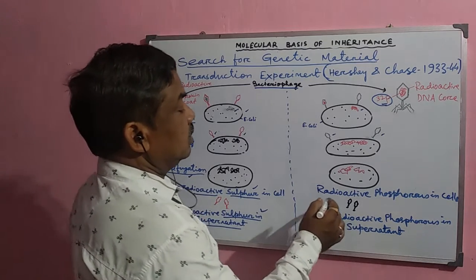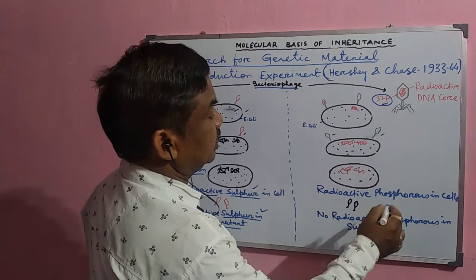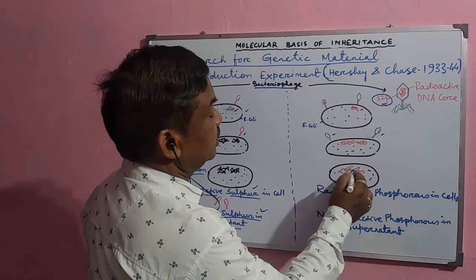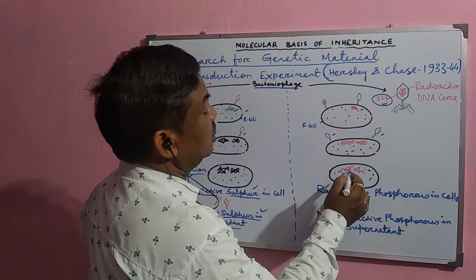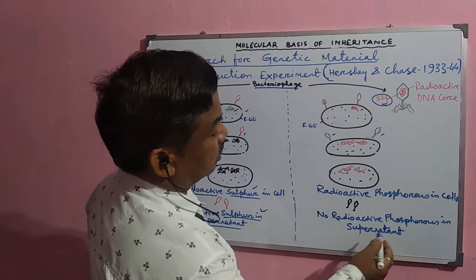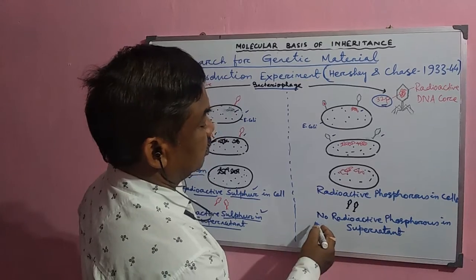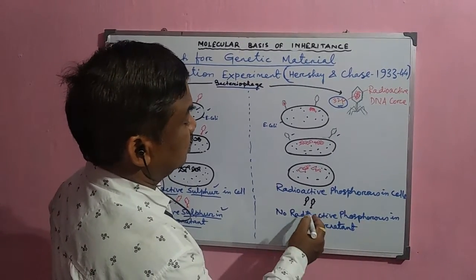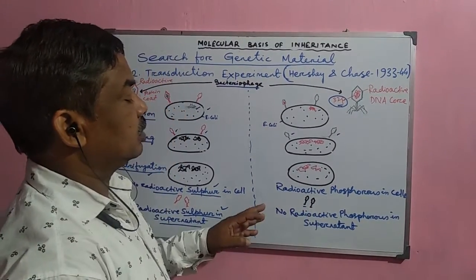Here the radioactive phosphorus is present in the cell. That means it is incorporated into the genetic system of the bacteria. The supernatant contains no radioactive phosphorus in the outer coating.